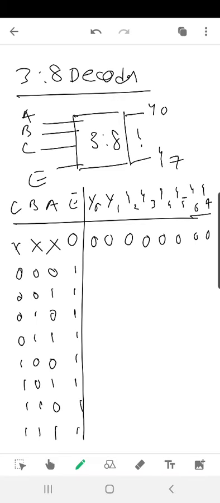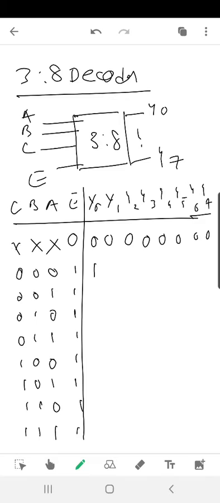Now it will work in a similar manner. We know that 000 represents 0, 001 represents 1, 010 represents 2, 011 represents 3, 100 represents 4, 101 represents 5, 110 represents 6 and 111 represents 7. So depending upon the input, we will select the output line. In the first case, y0 will be selected.